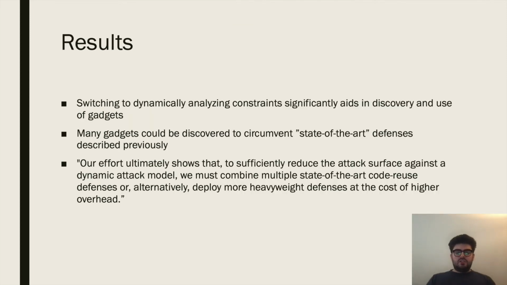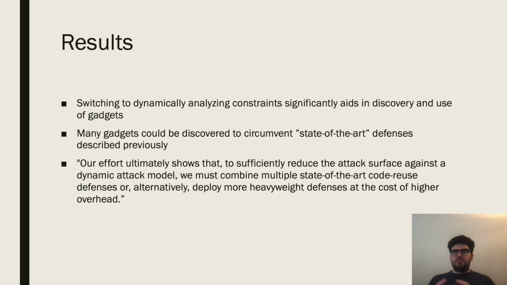What they found was that switching to dynamically analyzing constraints significantly aided in the discovery and use of gadgets. So they were able to find and circumvent these state-of-the-art defenses by using this automated approach to a model that has constraints on it. The conclusion of their article was that ultimately, to sufficiently reduce the risk of an attack, you need to combine multiple state-of-the-art code reuse defenses, like ASLR, pointer encryption, CFI.